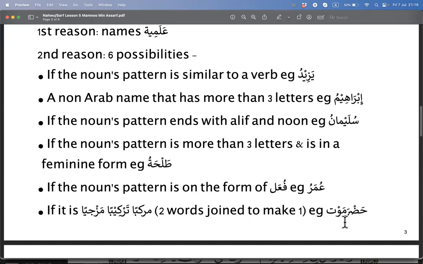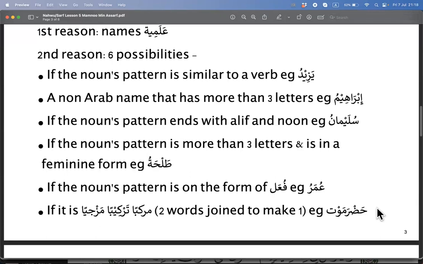So basically, death is present. They put two isms, two words together, and then it becomes a name. There are other examples, but they are not very popular like Hadramaut, so I didn't put those examples.